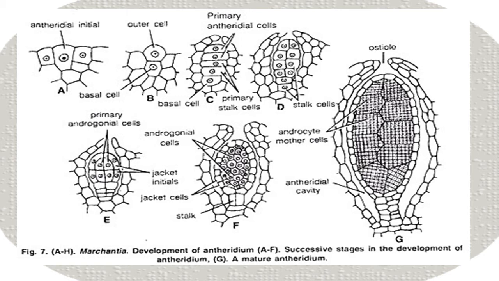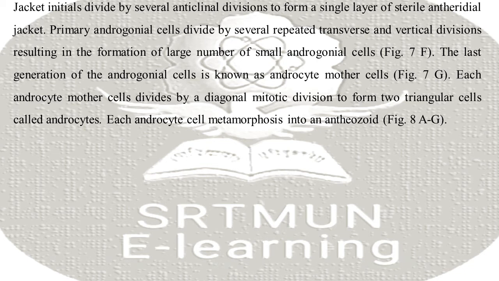Now figure D, we can see stalk cells, and figure E, primary antheridial cells, jacket initials, jacket cells. Now figure F, we can see stalk, jacket cells, antheridial cells. Now lastly figure G, mature antheridium. We can see antheridial mother cells, antheridial cavity and ostiole. This is the diagrammatic representation of Marchantia, development of antheridium.